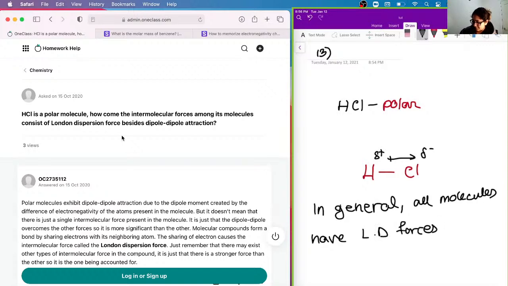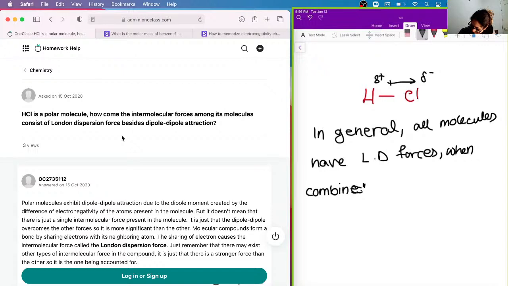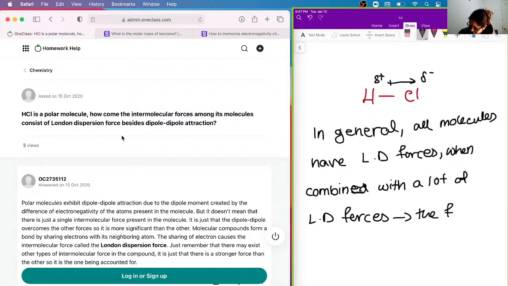We know that London dispersion forces are relatively weak, but when combined, a lot of London dispersion forces, the force is very strong.